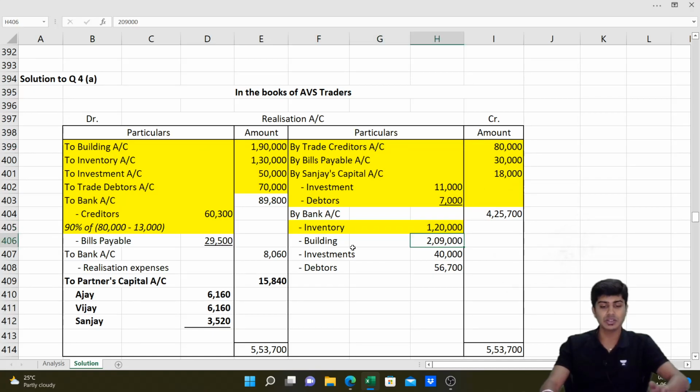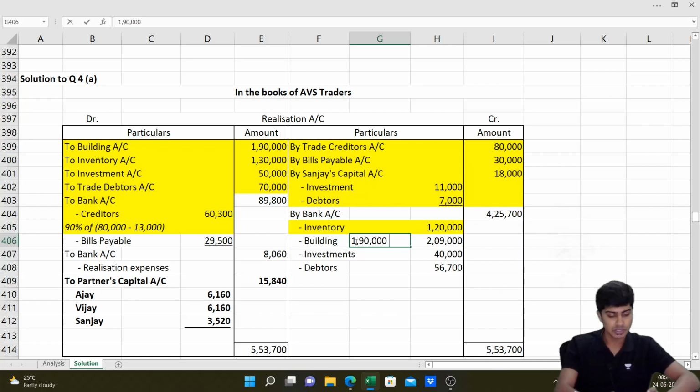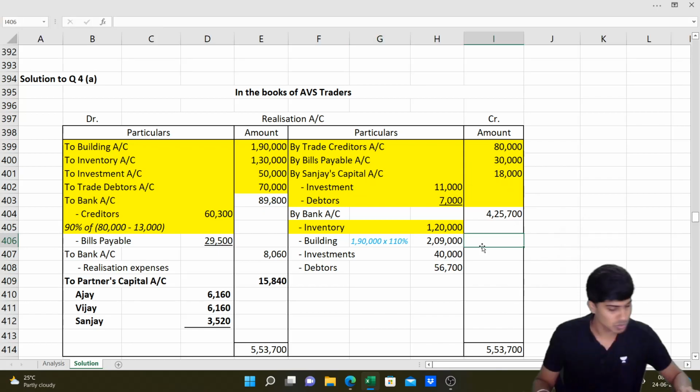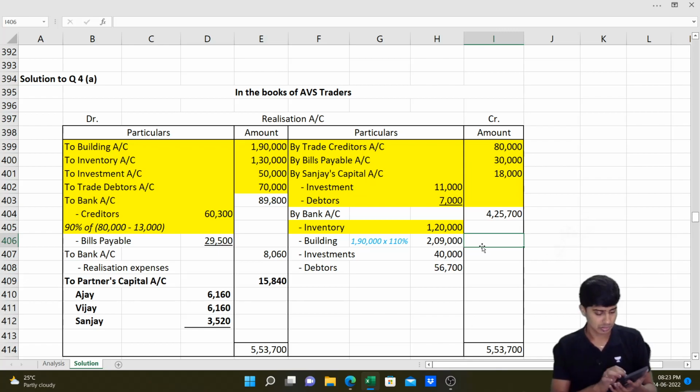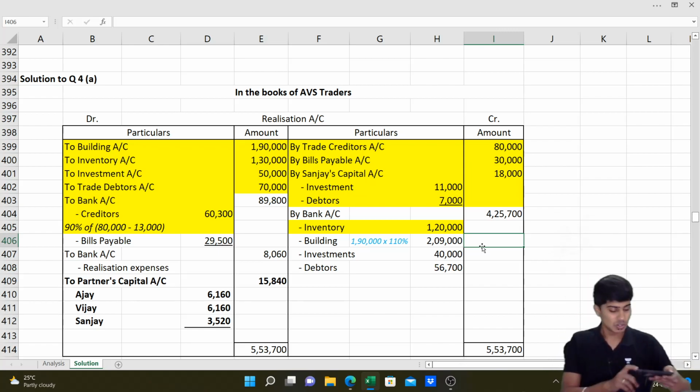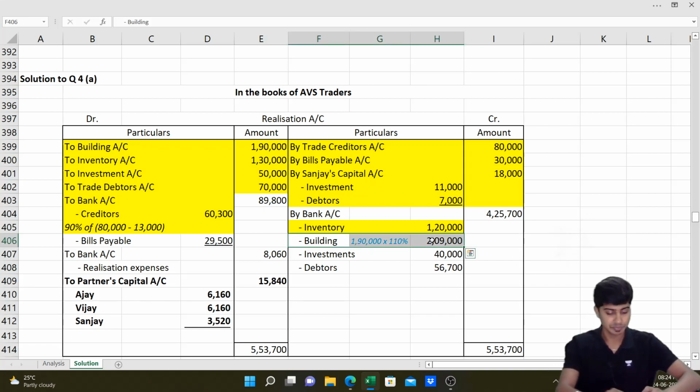So we'll do 1,90,000 into 110%. That gives 2,09,000. So 2,09,000 is the selling price. I'll write that.